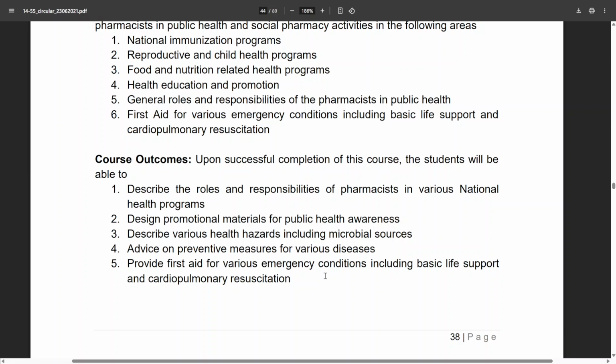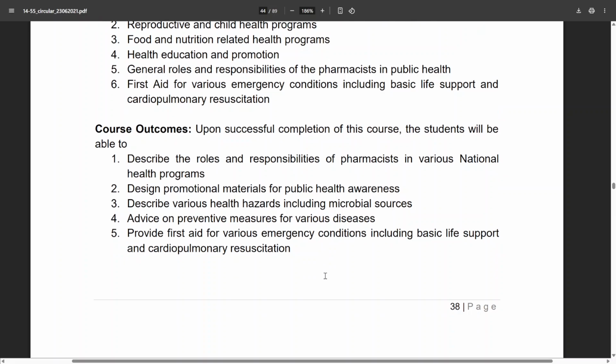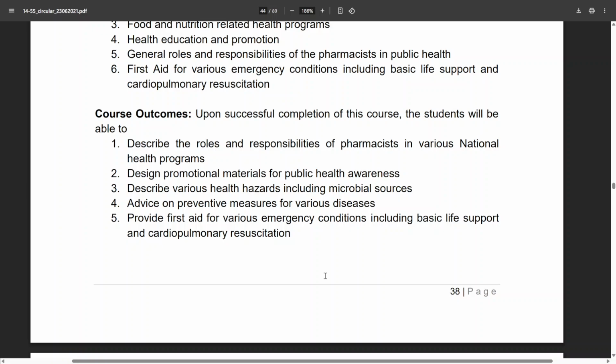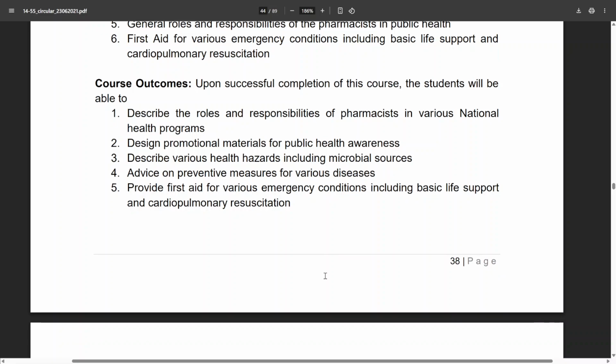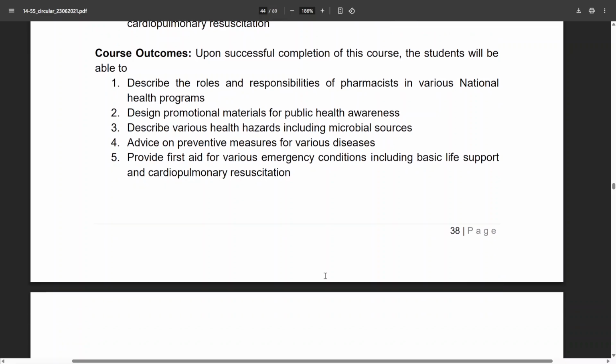Design promotional materials for public health and awareness. 3. Describe the various health hazards including microbial sources. 4. Advise on preventive measures for various diseases. 5. Provide first aid for various emergency conditions including basic life support and cardiopulmonary resuscitation.